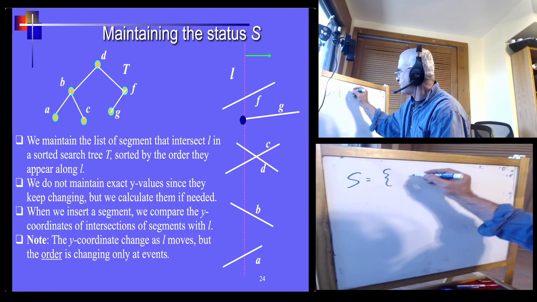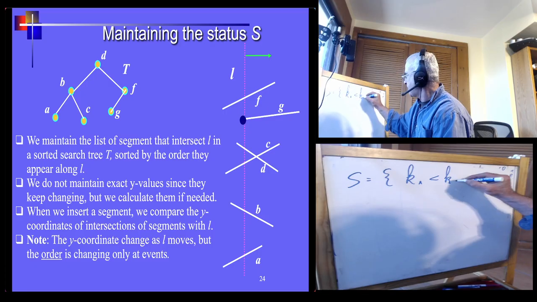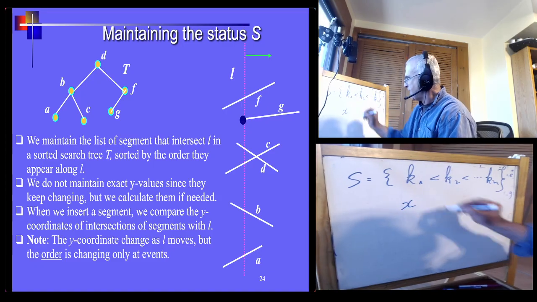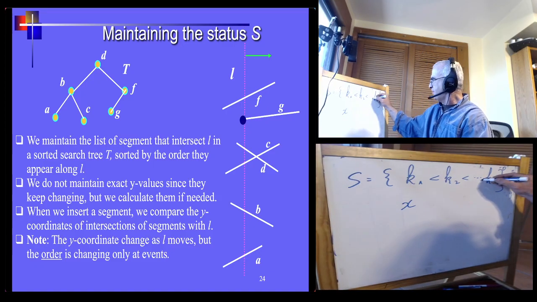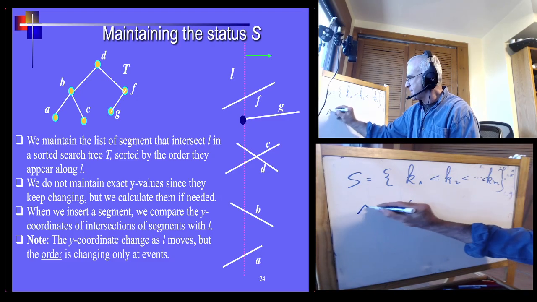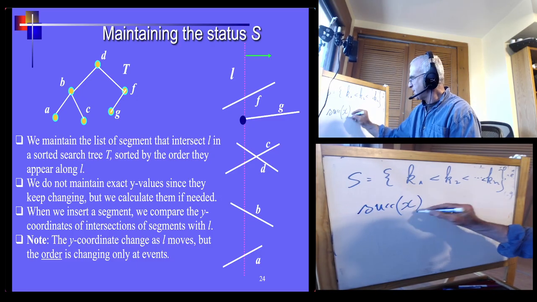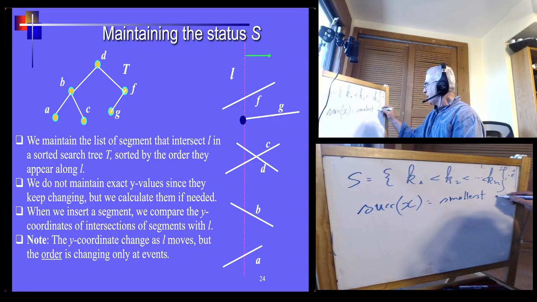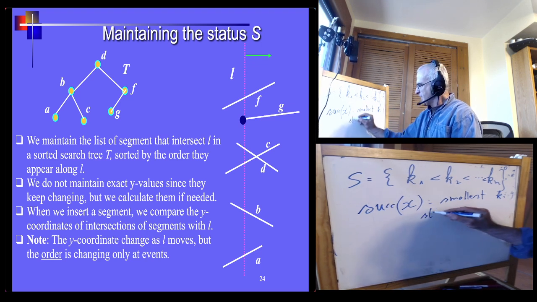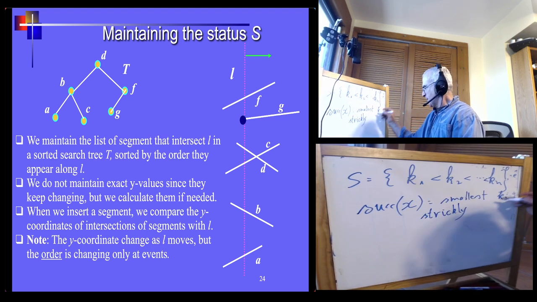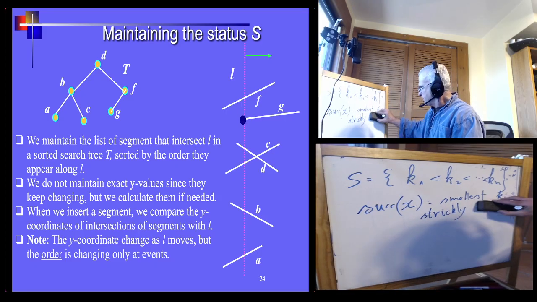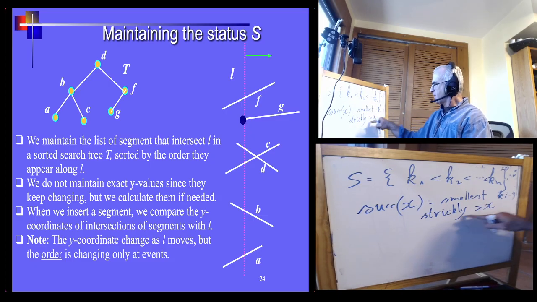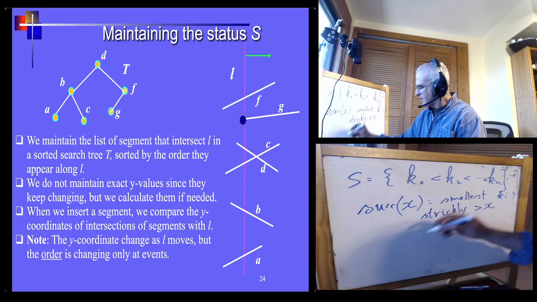If S is a set of keys K1 smaller than K2 smaller than ... smaller than Kn, and I have some value X that might be in the set or might not, I don't care, then the successor of X is the smallest Ki which is strictly larger than X. The smallest value of K that is strictly larger than X, and it might be that there is no successor.